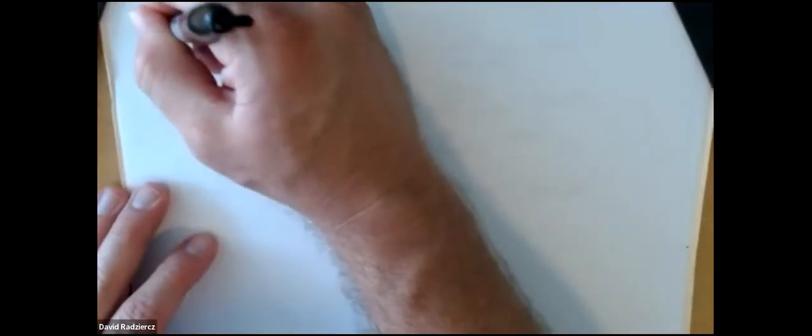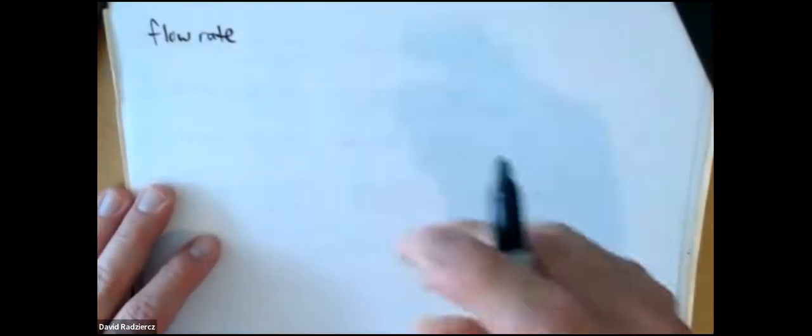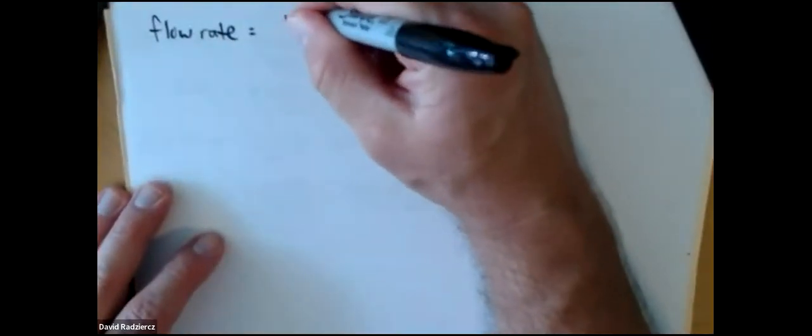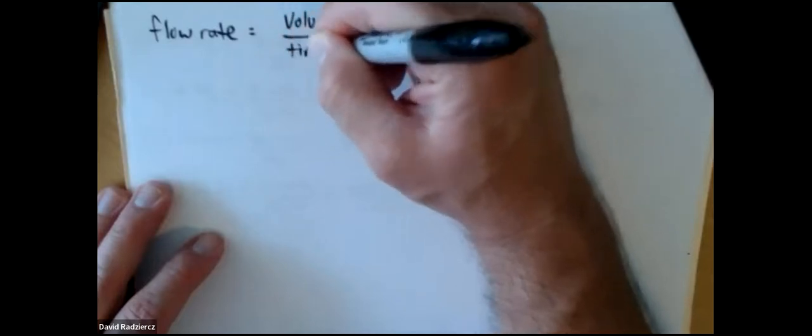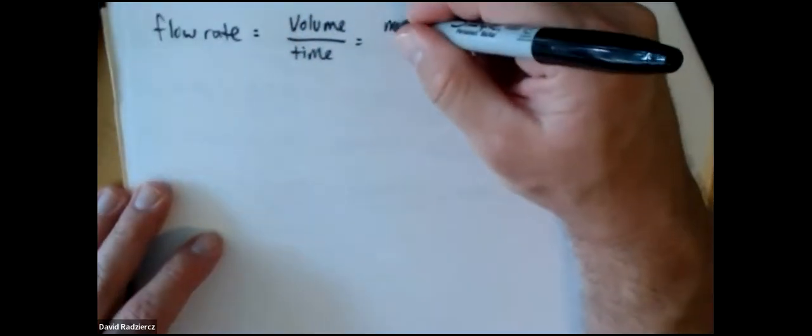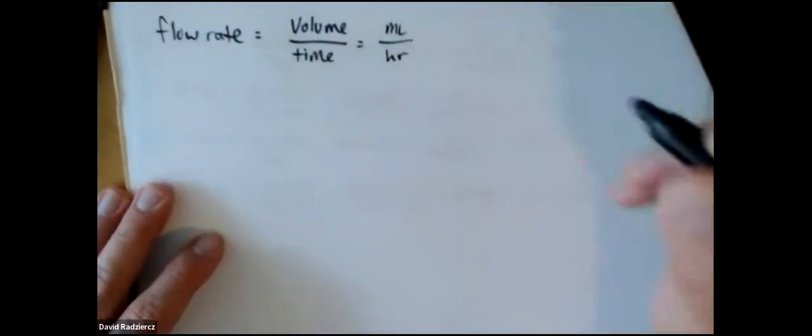Flow rate just means I have a volume over time. Really what that means is milliliters per hour. That's your flow rate.